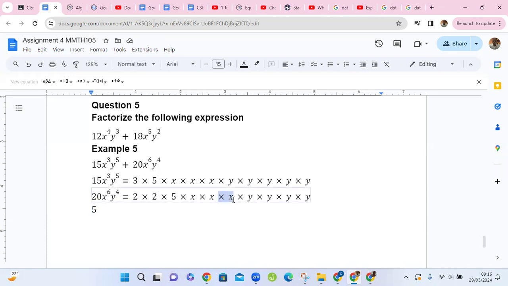I'm missing 3 more x's there for this one, because it's x to the 6 we were expanding. So that's 1, 2, 3, 4, 5, 6. And verify for the y: y must appear 4 times, 1, 2, 3, 4, and 1, 2, 3, 4, 5 for the one above.